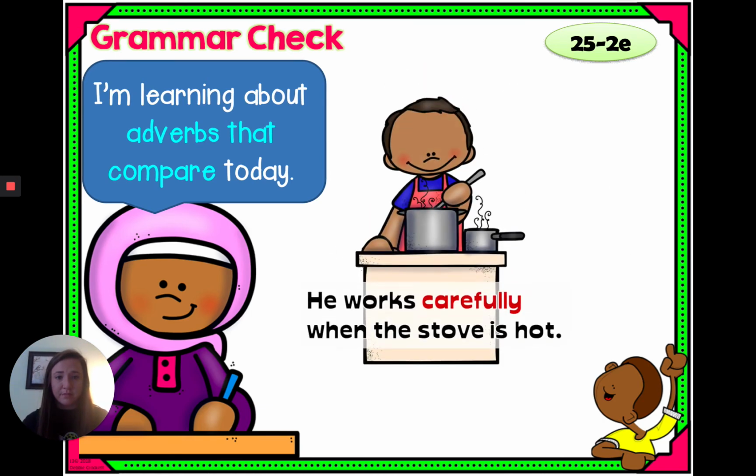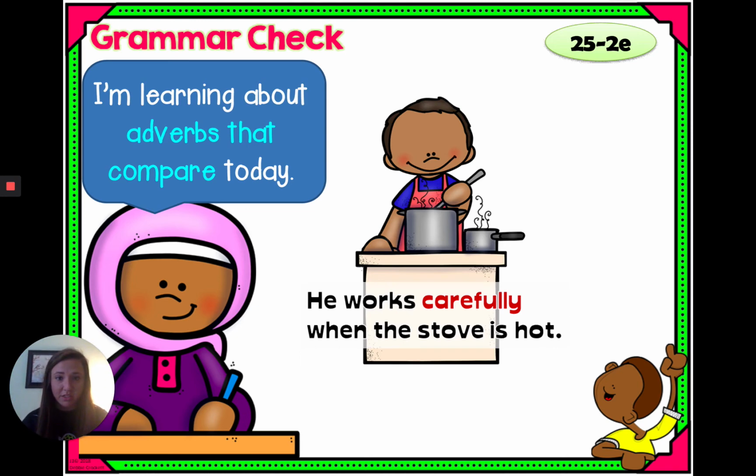Next one. He works carefully when the stove is hot. So they're comparing when the stove is hot versus when it is not. Those are two things they're comparing. And remember, our adverb ends in ly.